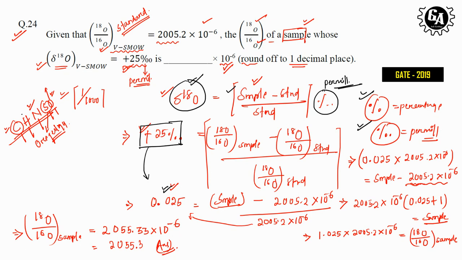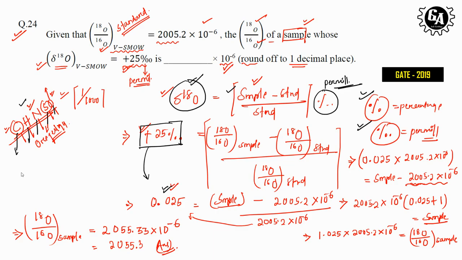What other types of stable isotopes are used? Carbon, hydrogen, nitrogen, sulfur and oxygen, and some non-traditional stable isotopes as well. These are the traditional stable isotope studies.